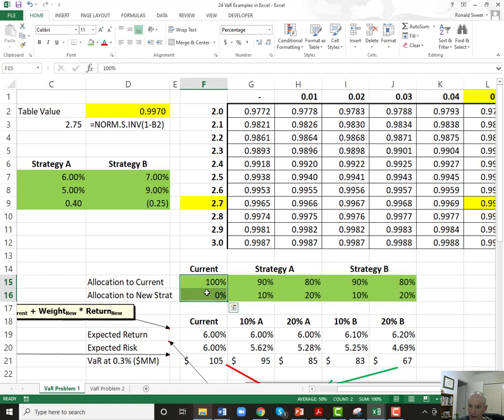The current we know is not going to work because its VAR is greater than 100. We'll actually calculate it. We can do strategy A at 10% or 20%, leaving 90 and 80% in the current strategy. We can do B at 10% or 20%, leaving the rest in the current strategy at 90 and 80%.